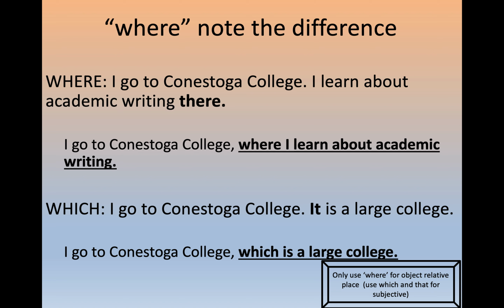I go to Conestoga College where I learn about academic writing. That's because there was an object. I go to Conestoga College, which is a large college. That's because it is the subject. See the difference?